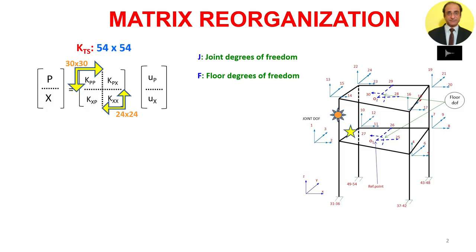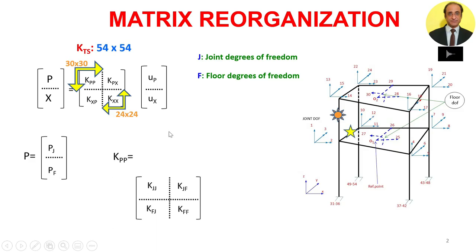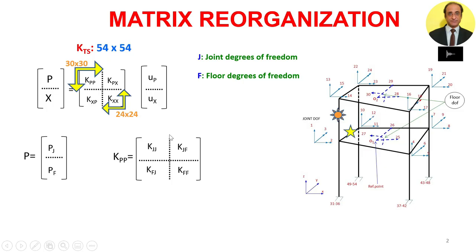Some are contributed by the joint degrees of freedom and some others are contributed by the floor degrees of freedom. Based on this, the force vector P can also be partitioned into two parts, made up of the joint degrees of freedom and the floor degrees of freedom. Similarly, KPP itself can be partitioned such that we separate out the joint and the floor degrees of freedom.